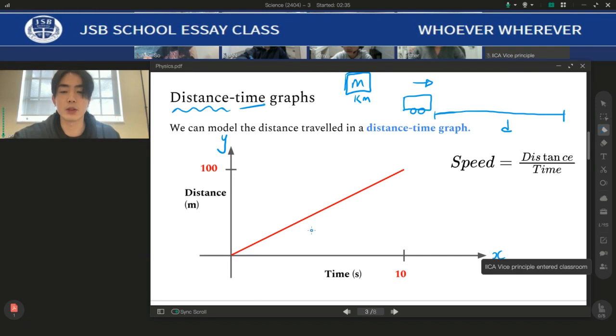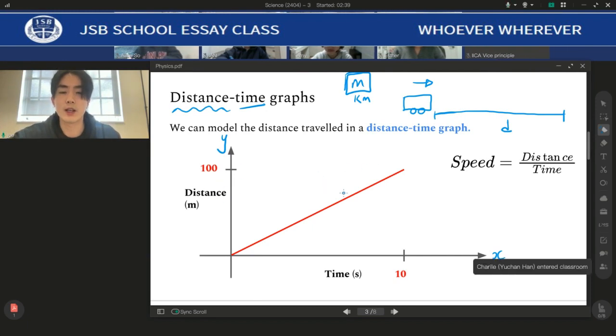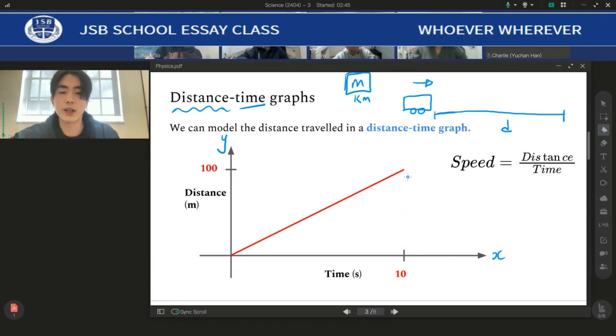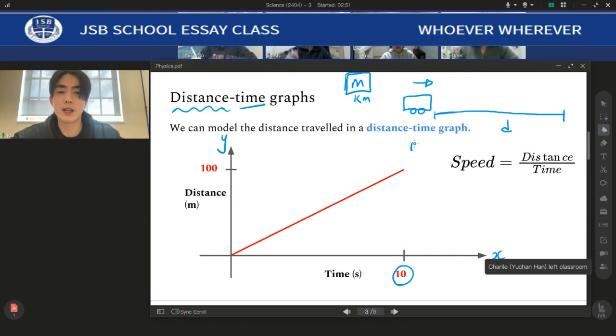So for example, if you read this here, what can we say? How long has the time been? Well, if you look here, the time is 10. So that means the car has traveled 10 seconds. How far has it traveled?